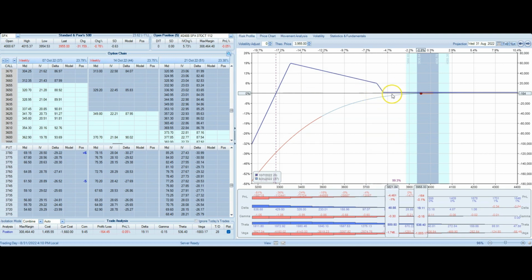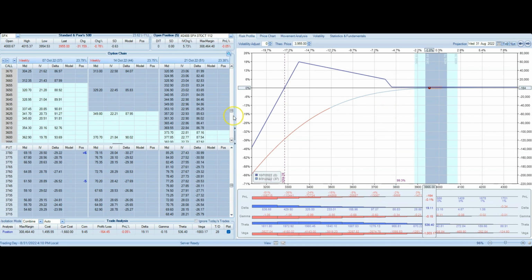So let's say if I spend $5,000 on this put debit spread, I need to sell at least $5,000 worth of out of the money puts naked in order to compensate or cover the cost of my long put debit spread. What I did different here is that I not only bought a put debit spread, I also had one extra long put.